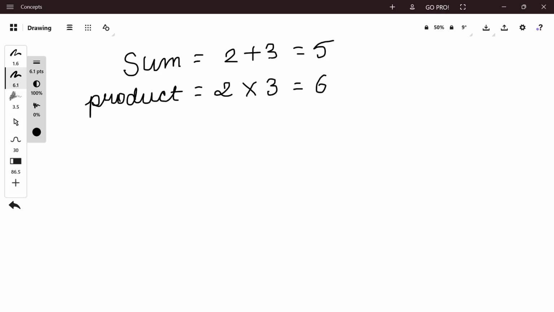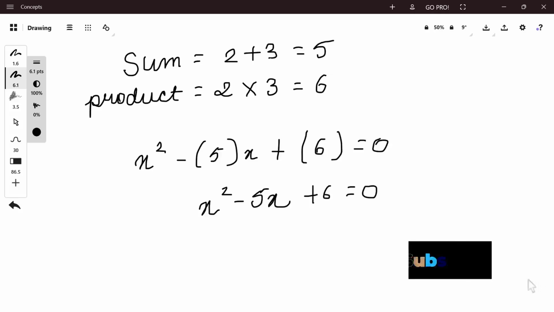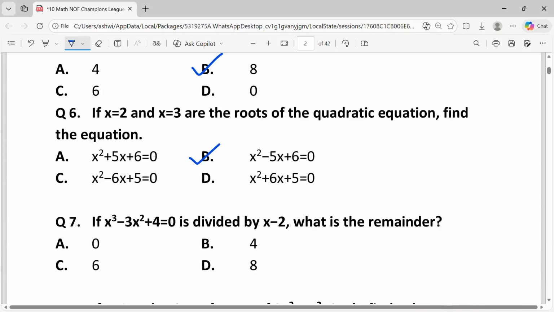Substituting the values into the general form, x square minus sum x plus product is equal to 0, that is x square minus 5x plus 6 is equal to 0. From the given options, the answer is B. X square minus 5x plus 6 is equal to 0.